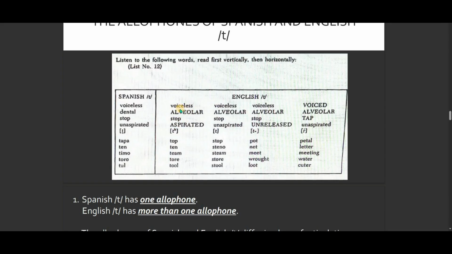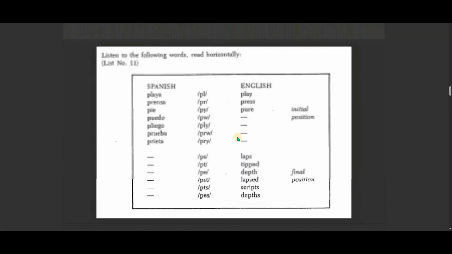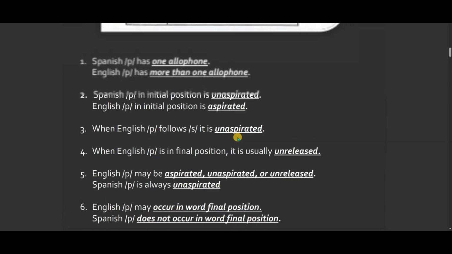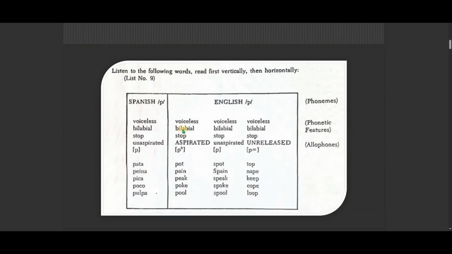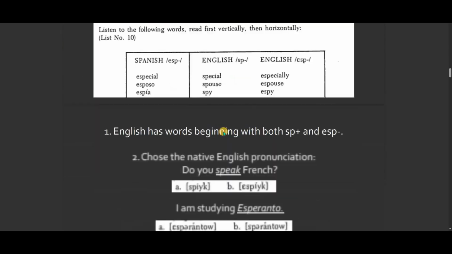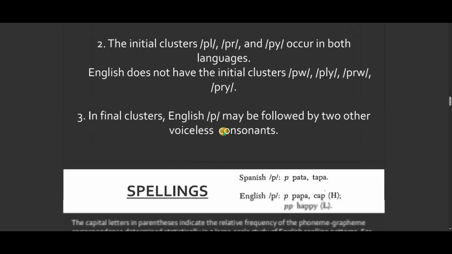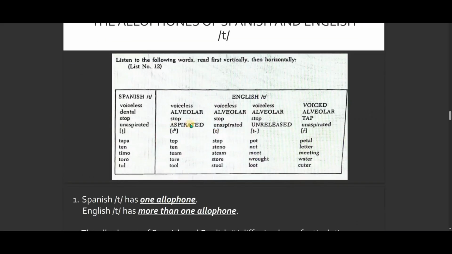Well, the P sound is bilabial, right? Let's go back to it right here, bilabial. And then this T sound, they also have aspirated, unaspirated, unreleased. Okay, so alveolar tap unaspirated.